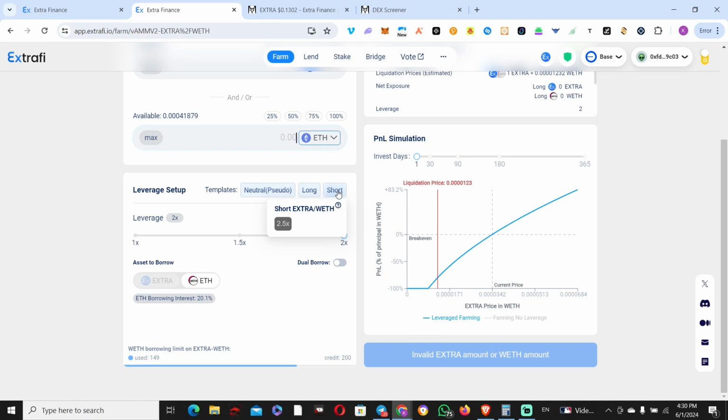And unfortunately, if you hover here, it says that there are no extra available, even though they are for premium, but you aren't a premium user yet. So you haven't locked in your token, so you cannot do this. So unfortunately, right now, what I can do is either neutral.